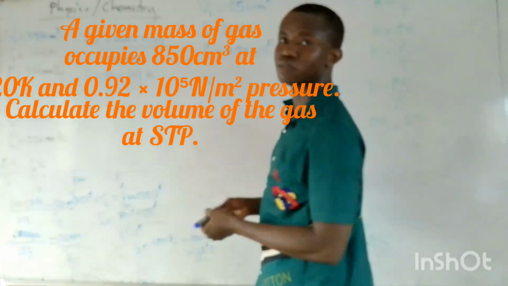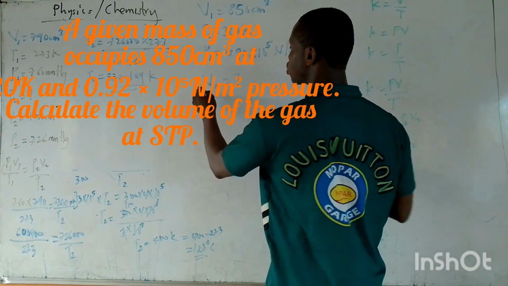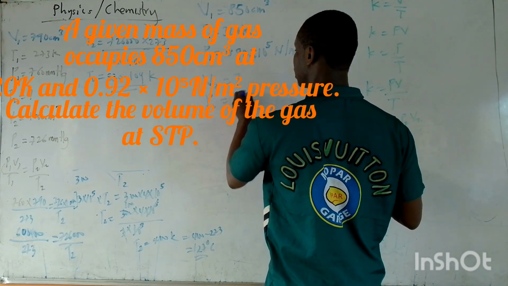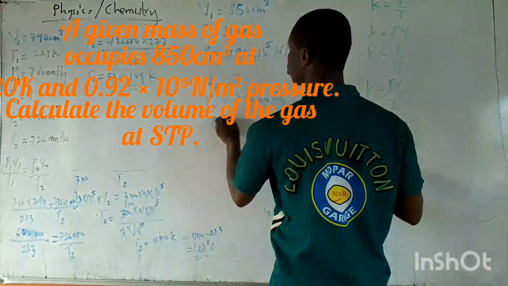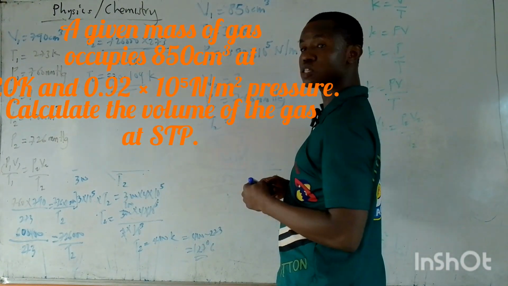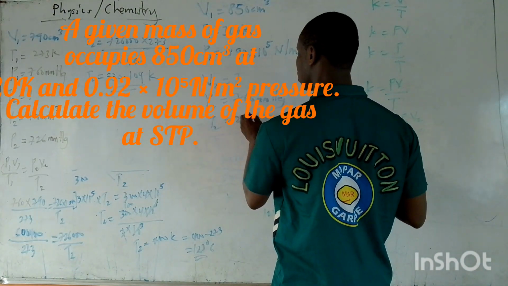Now we are looking for V2. And P2 is already 760 millimeter mercury. Then T2 is 273 Kelvin.